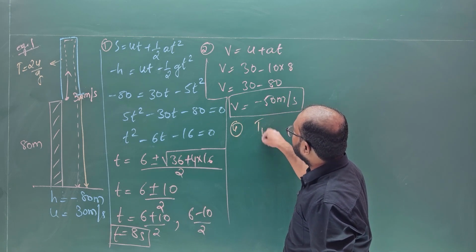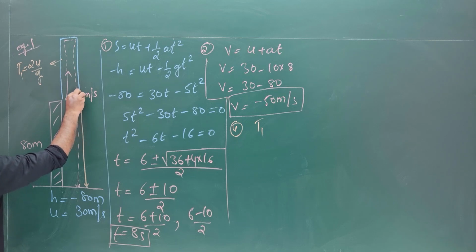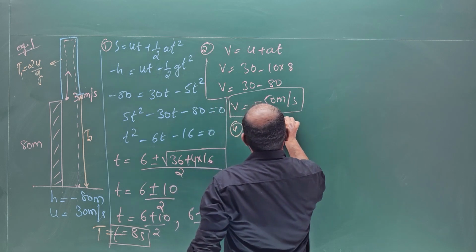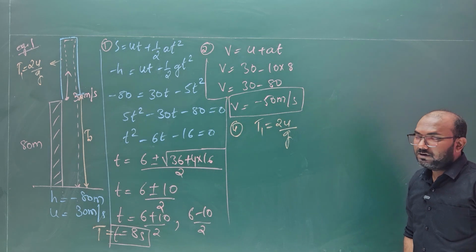This is your T1. And the time required from here to here, let's say T2. Can I say T1 plus T2 should be equal to 8? Okay. Let's say this is your T. Now, T1 is nothing but 2u upon g.